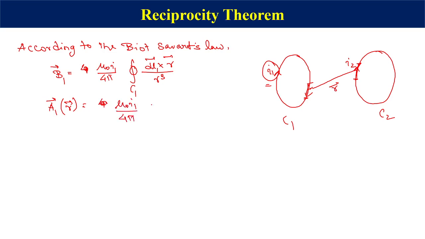This first coefficient remains the same. You have the same closed integral, but in this case you have dl1 divided by the R vector. Let's consider this equation to be 1 and this equation to be 2. So this is the magnetic vector potential.